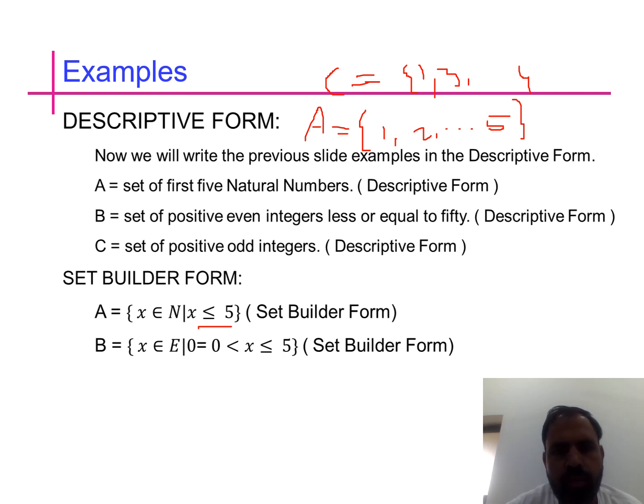And B, the set of positive even integers less than or equal to 50, we can write as B equal to x, where x belongs to E, the set of even integers, such that x is between 0 and 50. So this is the set builder form.